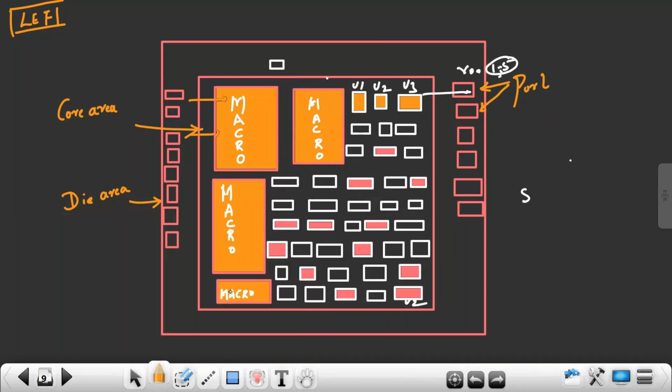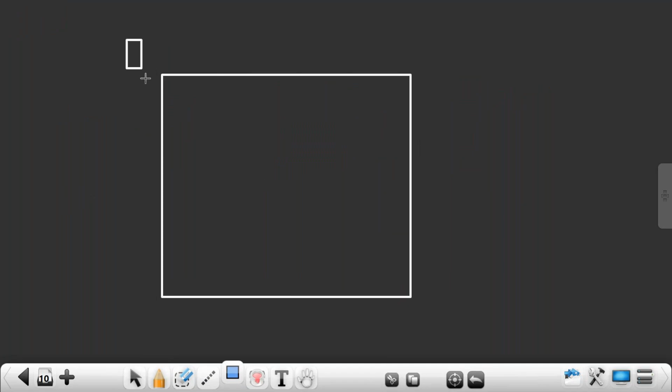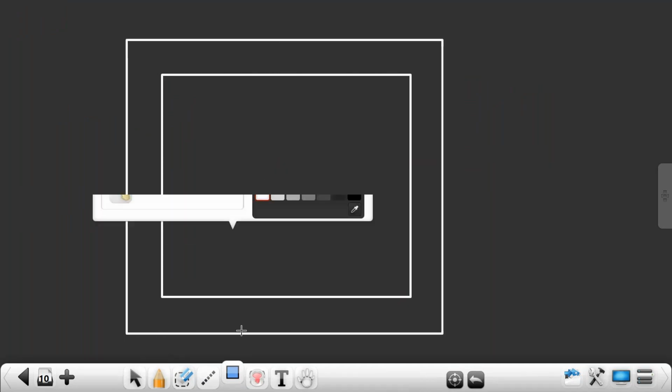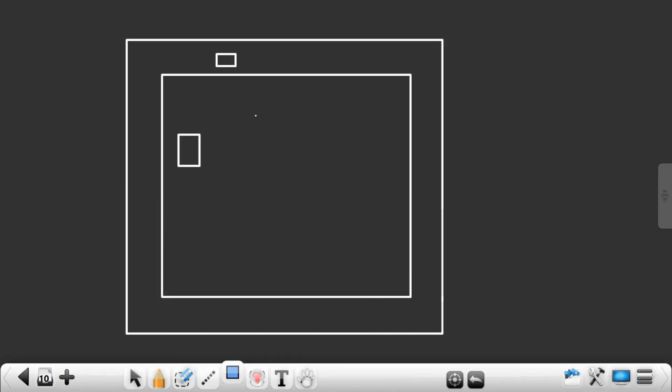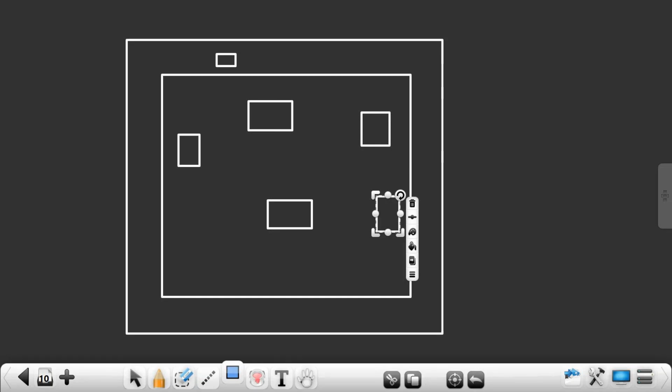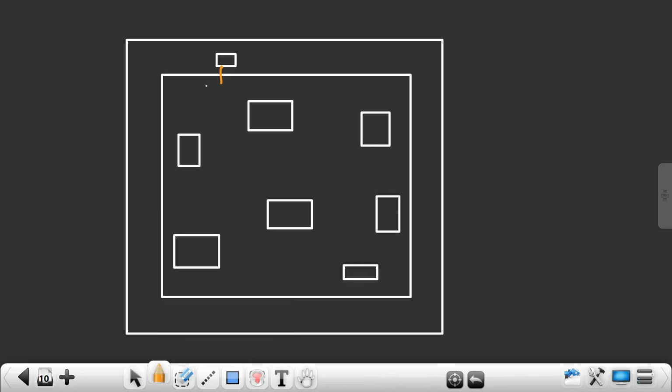Through this port, connect two buffers. I'll read out this diagram here. You have a port and you have flip-flops distributed. These are the flip-flops. Now from the port, first use two buffers.